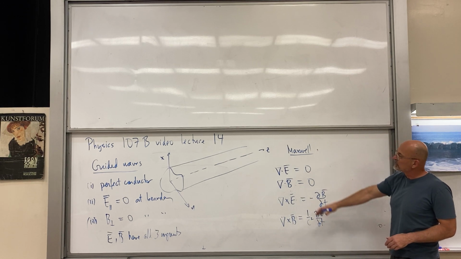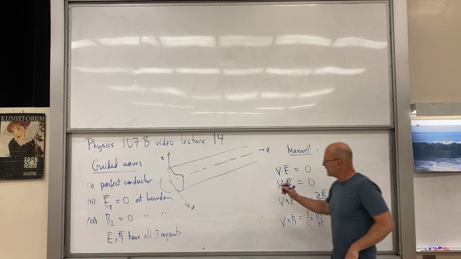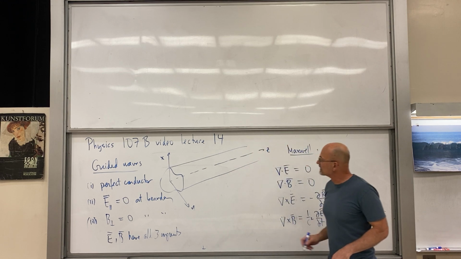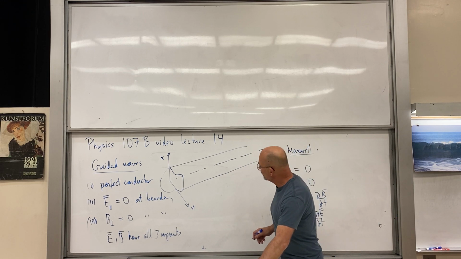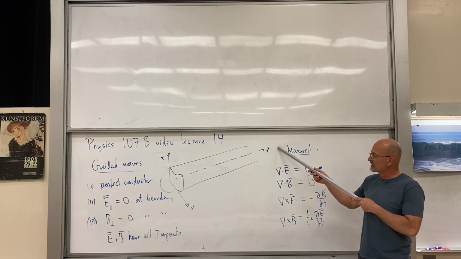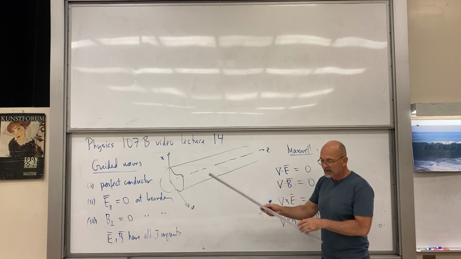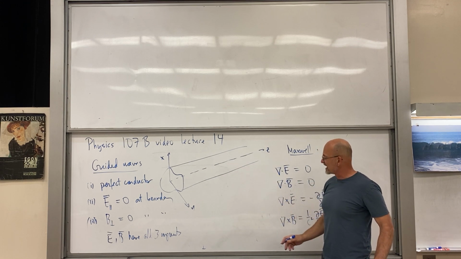So these four Maxwell equations are going to have a trial solution that propagates in the direction of the axis here, but is an unknown function across the cross section, which is in X and Y.